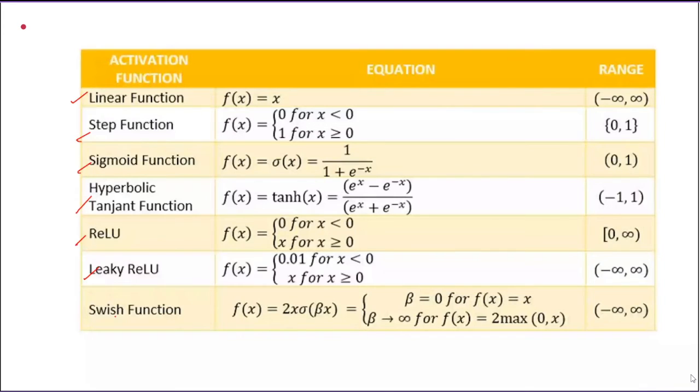We need these equations because during backward propagation, we need to find the derivative of this function in order to update the weights. We will discuss, if time permits, how some of the activation functions are derived, and how backpropagation is done with the help of a particular activation function.